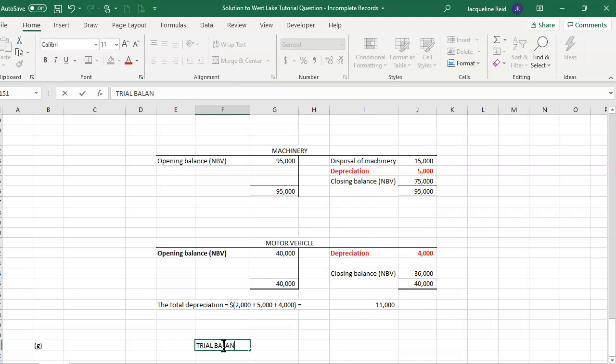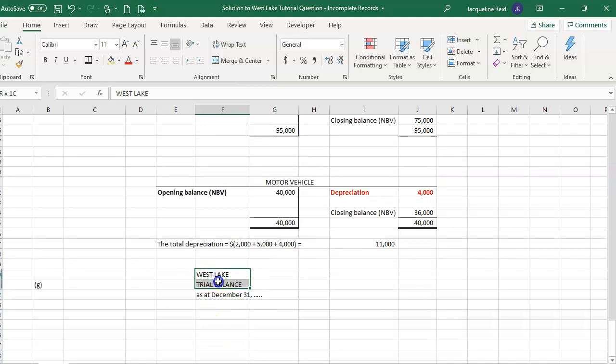My spelling has been off. So it's Westlake's trial balance. So I'm going to put the name there. And it's going to be as at December 31st. It didn't give out year.